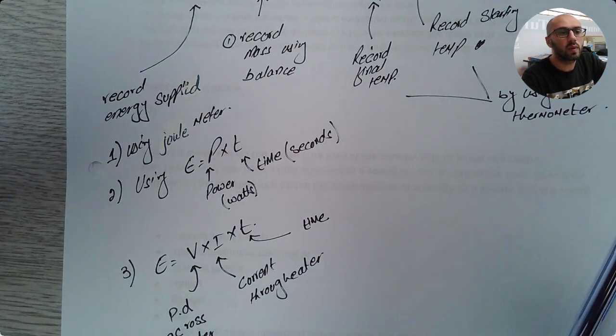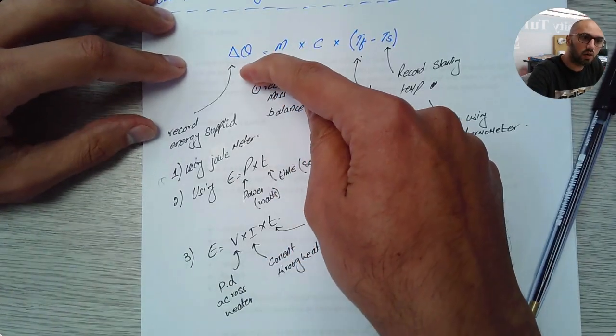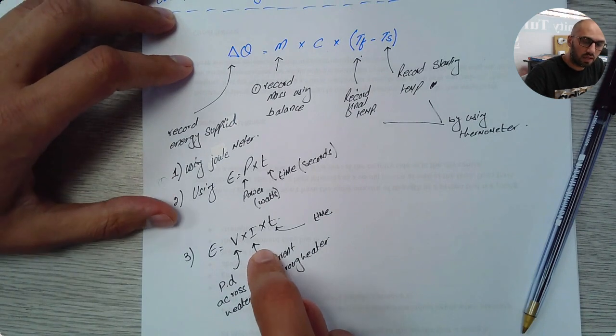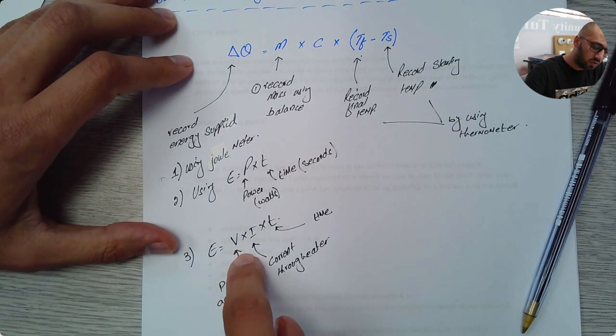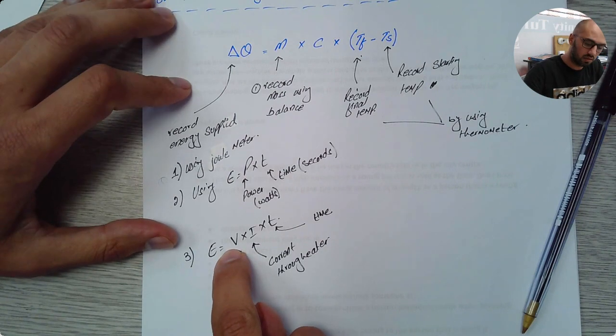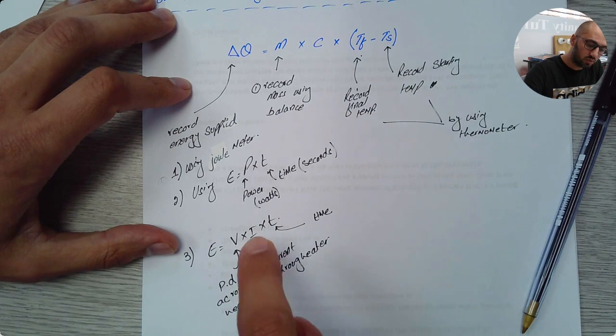So there are three ways that you can work out the value of Q, and that will depend on the setup being used. With this, you have to remember one thing, that the voltmeter will be used to determine the potential difference, and it has to be connected in parallel. In this case, current will need to be determined, and that will be done using ammeter.